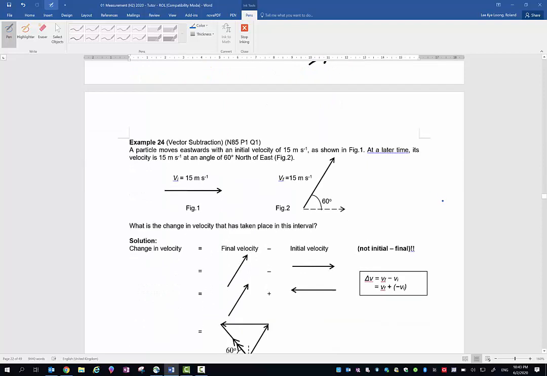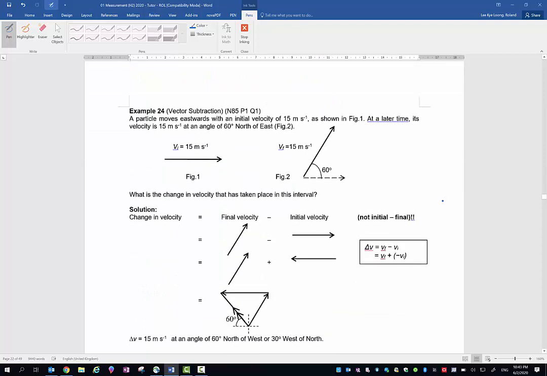So vector subtraction. This one has been drawn nicely for you, so have a look. A particle moved eastward with an initial velocity of 15 meters per second, as shown in figure 1. At a later time, its velocity is 15 at an angle of 60 degrees. Now, what is the change in velocity?